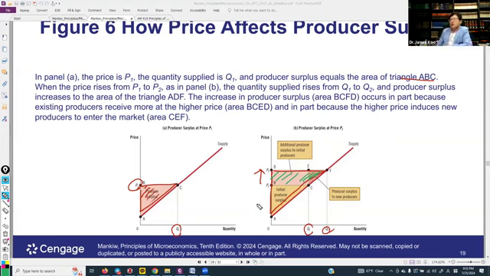This increase is B, C, D, B, C, F, D. Yes, this area is the increased surplus. Part of it is because existing producers receive more at the higher price. The other part is because the higher price induces new producers to enter the market.